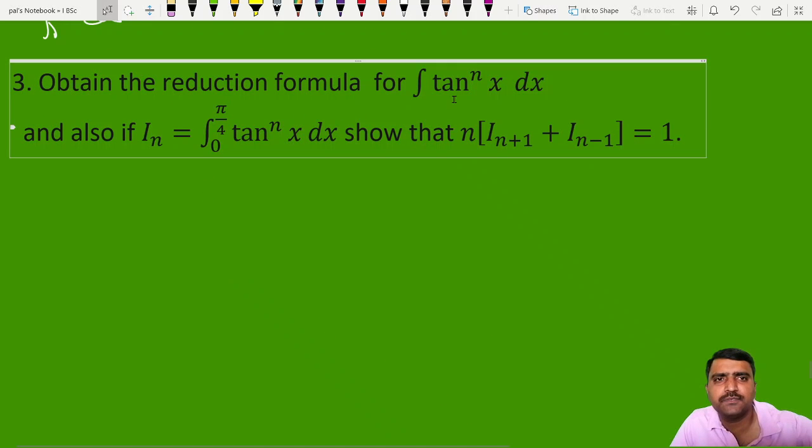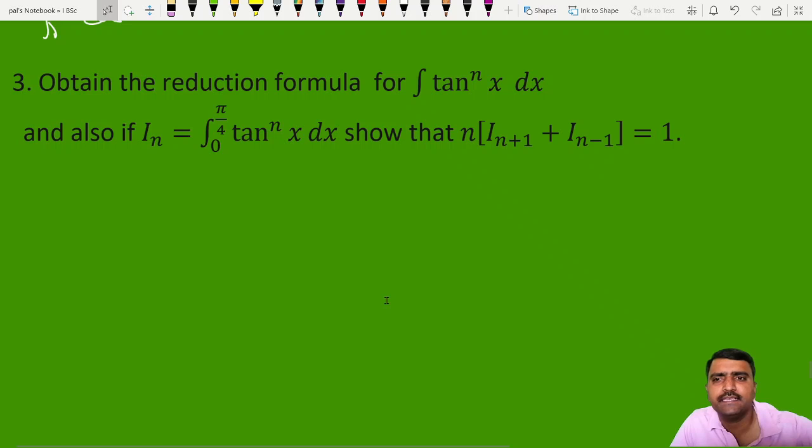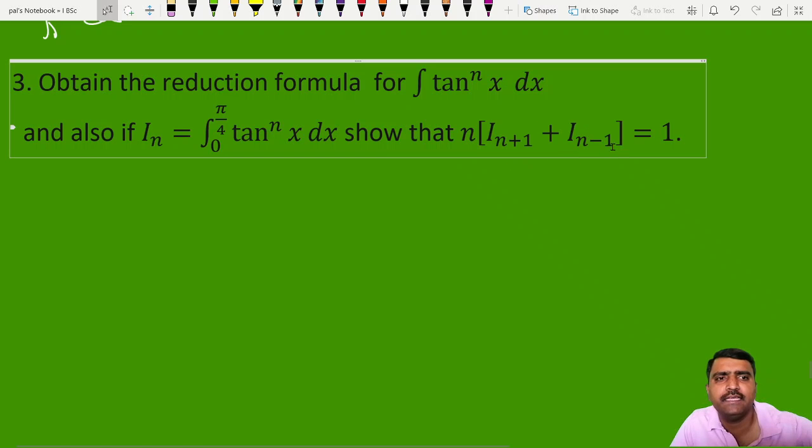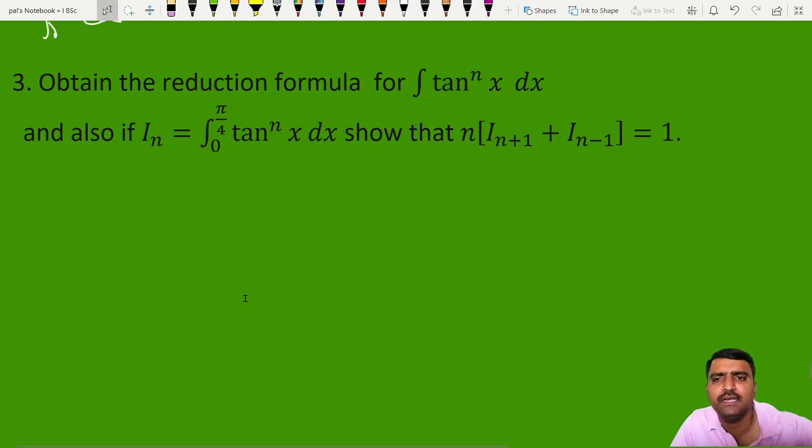Obtain the reduction formula for integration of tan to the power n x dx, and also if I_n is equal to the integral from 0 to pi by 4 of tan to the power n x dx, show this result: n into (I_{n+1} + I_{n-1}) is equal to 1.